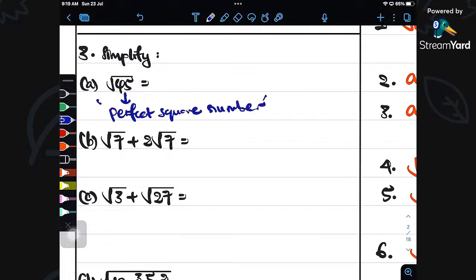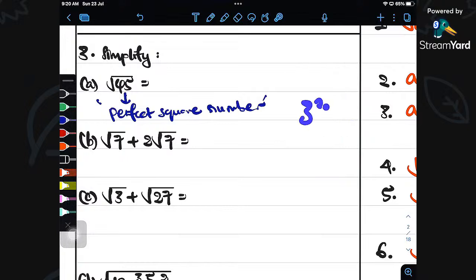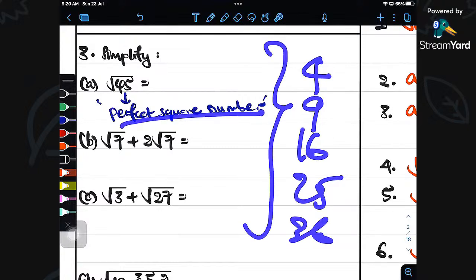Again, you have to Google this if you have not heard of this. Perfect square number is just actually like 2 squared is 4, 3 squared is 9, pardon me. 4 squared is 16. So all this 4, 9, 16, 25, 36, all of this we call as perfect square number. Di mana kita tahu dia boleh dipunca kuasakan.